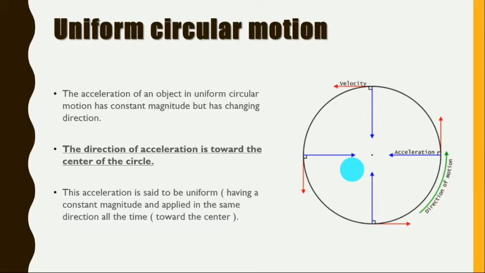The magnitude of it is constant, but the direction is changing, and all the time the direction is what? Toward the center. At any point, the direction of acceleration is toward the center of the circle. This acceleration is said to be uniform. Why is it uniform? Because it has a constant magnitude, value, number. The direction is all the time toward the center. Okay? Good.